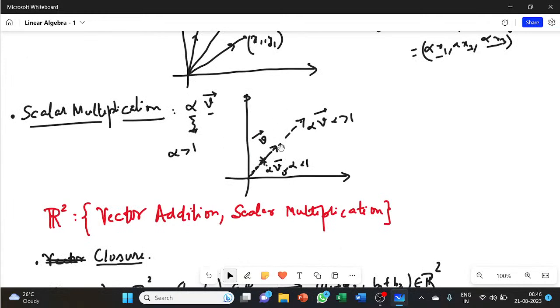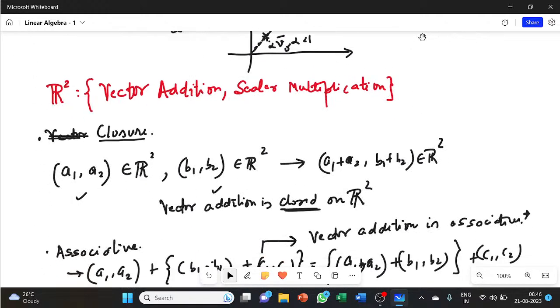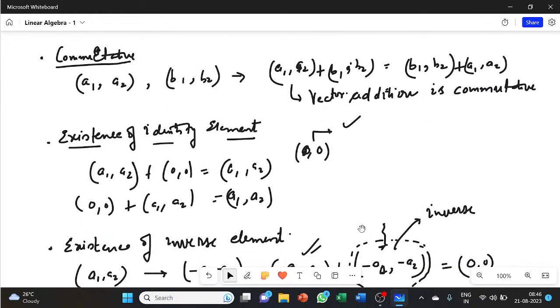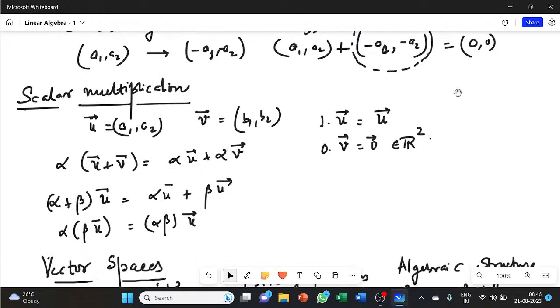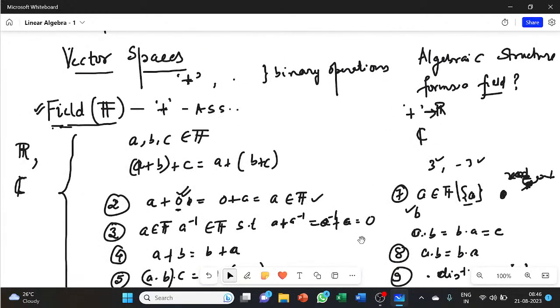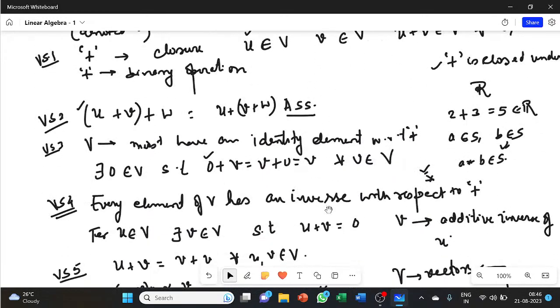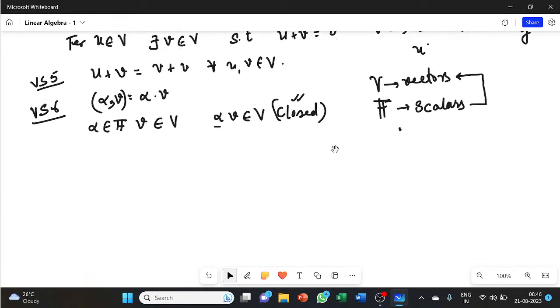A vector multiplied by a scalar, alpha times v vector, is also restricted to the space R squared. So indeed, scalar multiplication is a closed operation on R squared. Is that clear?